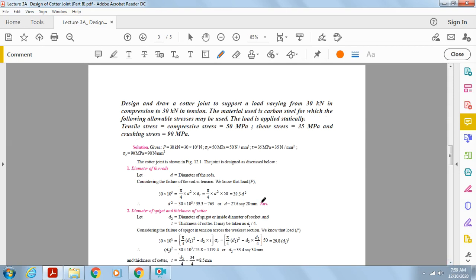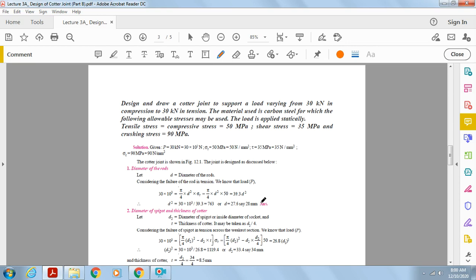So considering the different failure modes of the different components used in the cotter joint, we obtain all the dimensions, that is L, T, D, D1, D2, T1, everything, by considering the different modes of failure of the different components. So considering that fact, let us solve one numerical, so that will give us much more idea.